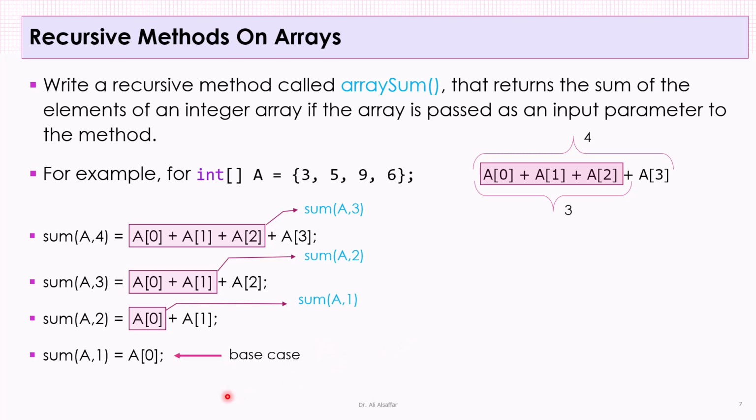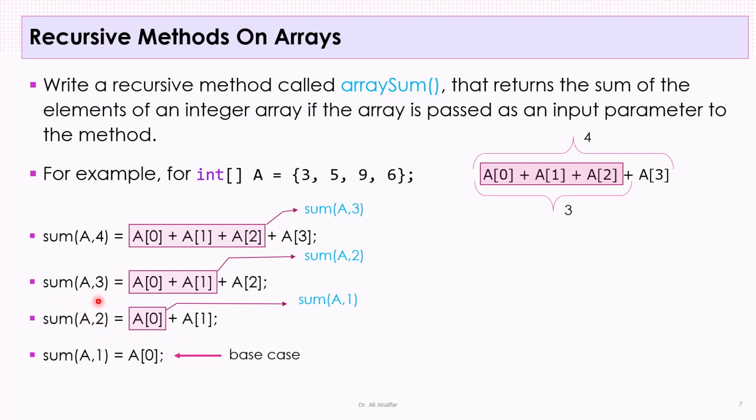or the base case. Now, if you want to show that these recursive calls of all of these methods really find the sum of all elements of the array, do back substitution. So the return value from calling the method A1 in the previous step, replace it by A0. So for sum A2, in fact, you are adding A0 plus A1.